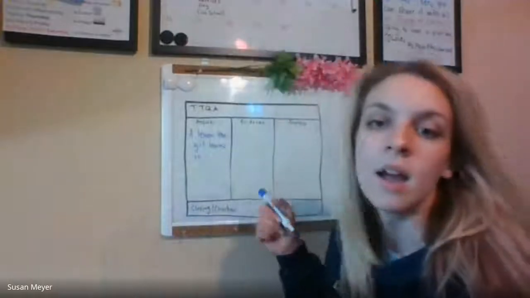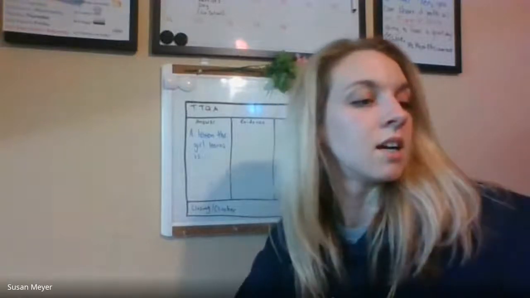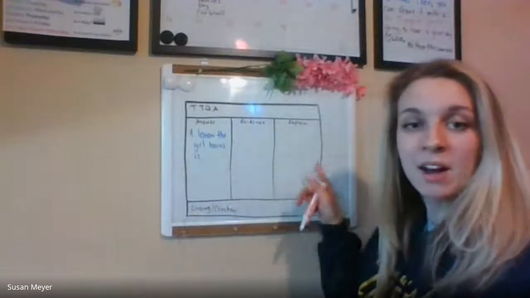The girl learns is, a lesson the girl learns is, and then you fill in the rest. For our middle section, our orange, blue, orange, yellow, BOY, remember that from class?